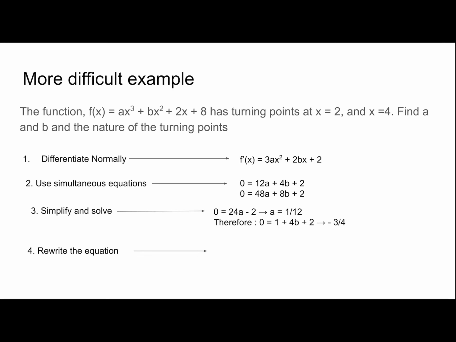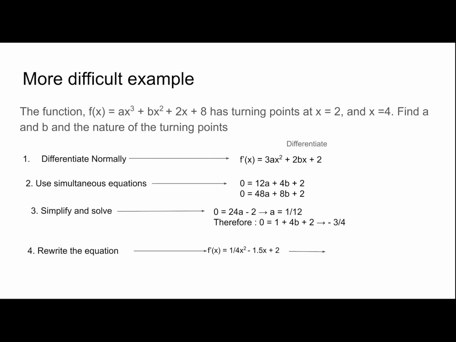Therefore we can find that f dash of x equals 1 over 4 x squared minus 1.5x plus 2. And that's basically just by putting 3 times 1 over 12. 3 times 1 over 12 is 3 over 12, and that's 1 over 4. And if we put negative 3 over 4 as our b, 2bx, so 2 times negative 3 over 4 is negative 6 over 4, which is negative 1.5. So that's basically how I got that equation.